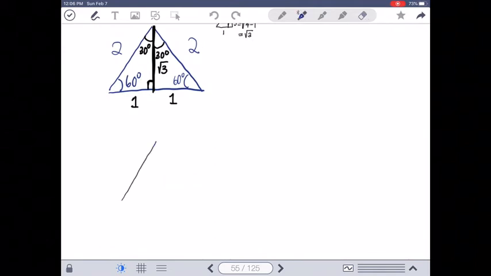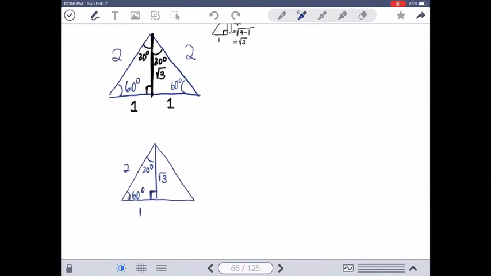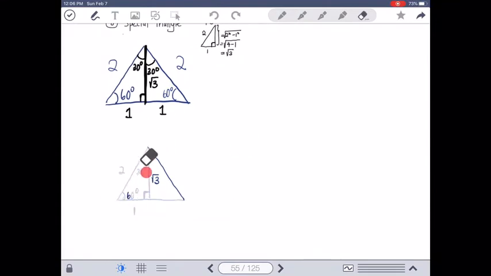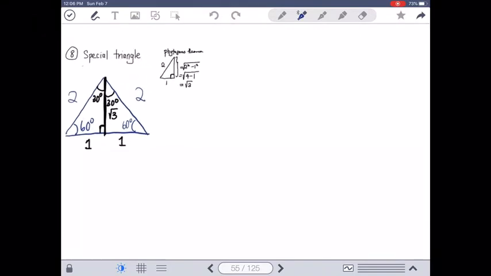You just need to remember that all sides divided by 2. This is 30 degrees. This is 60 degrees. This is a right angle triangle. This is 1, this is 2, and that is the square root of 3. It's the same triangle basically. That is the first special triangle.